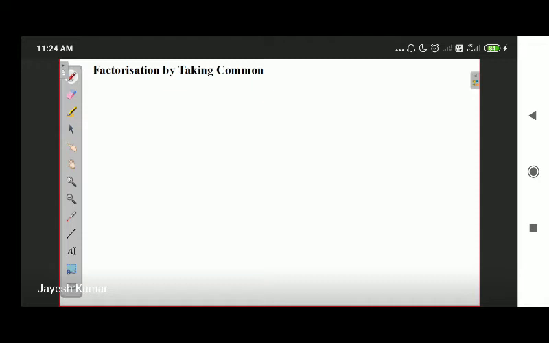Secondly, what we have learned is how to add or subtract a pair of polynomials. If there are like terms, then they can be added or subtracted on the basis of the sign, and if they are unlike terms, then addition and subtraction is not possible.